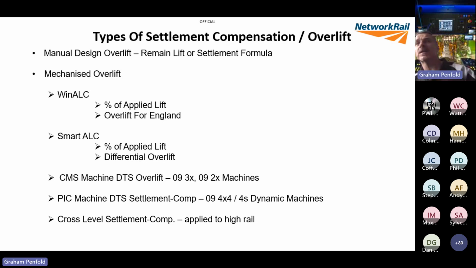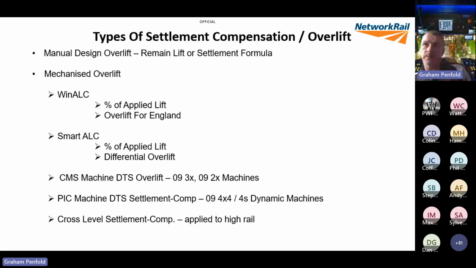Now there's WinALC, where you've got percentage of applied lift and overlift for England. You've got Smart ALC, where again you've got percentage of applied lift and something called Differential Overlift. And you've got CMS DTS Overlift, computer measuring system. That's just the software on the tampers. So our high output fleet have this on our 09-3X and 2X machines.